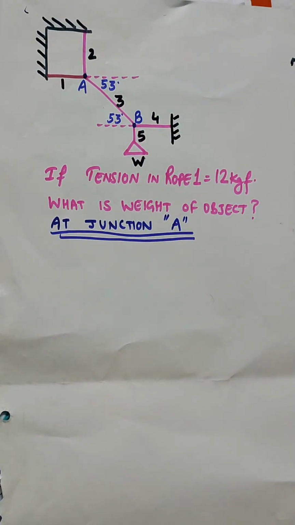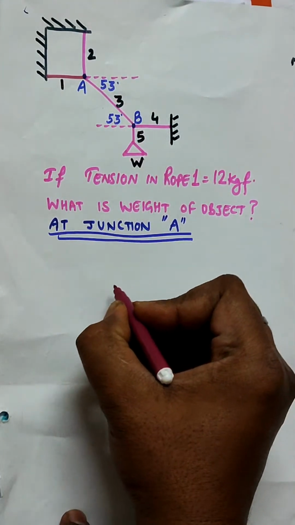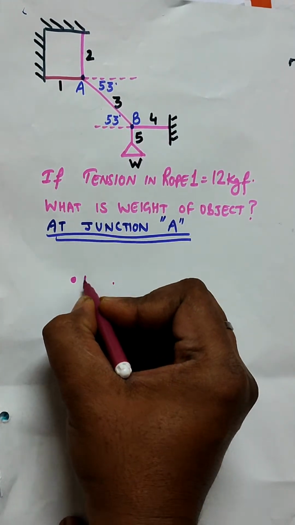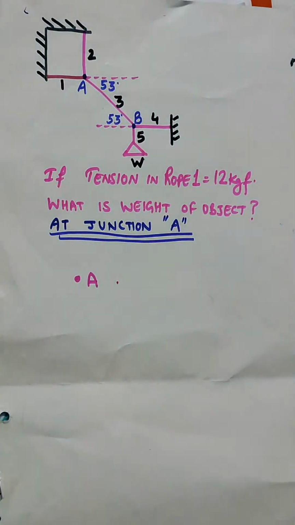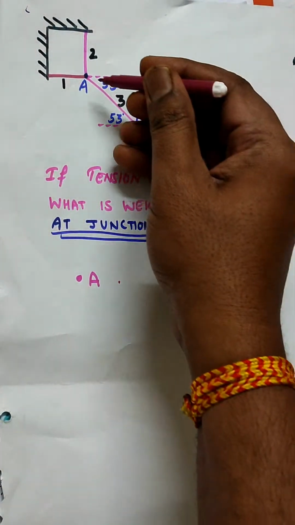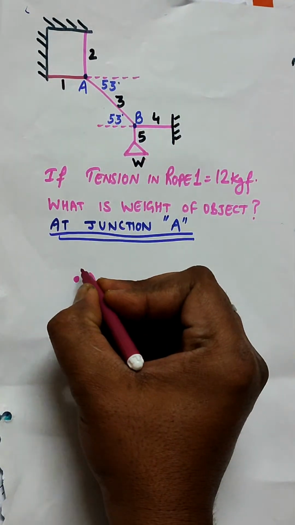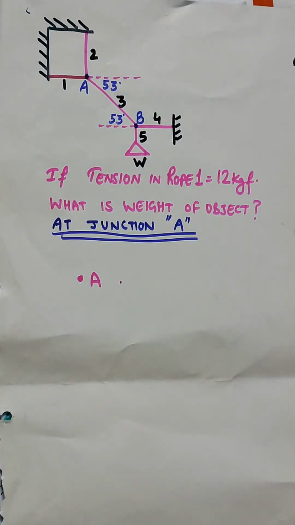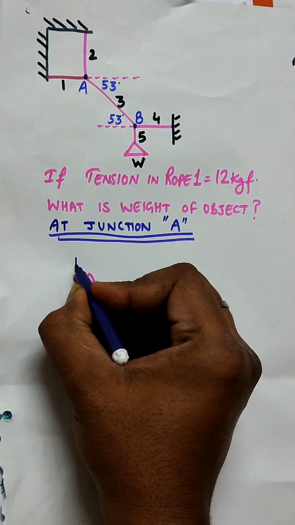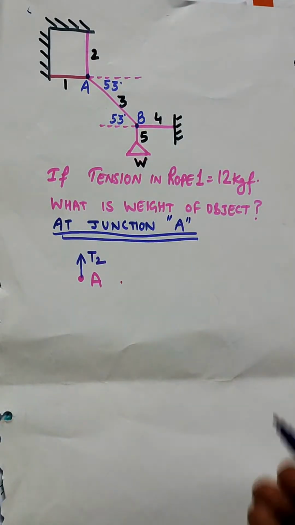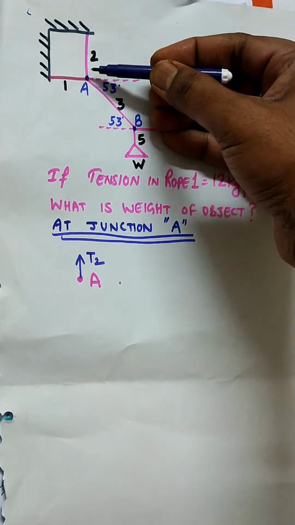At junction A, let's just draw the free body diagram. What are the components of forces? If this is point A, then in rope 2 there will be a tension, so just mark it T2, because this is connected with rope 2.